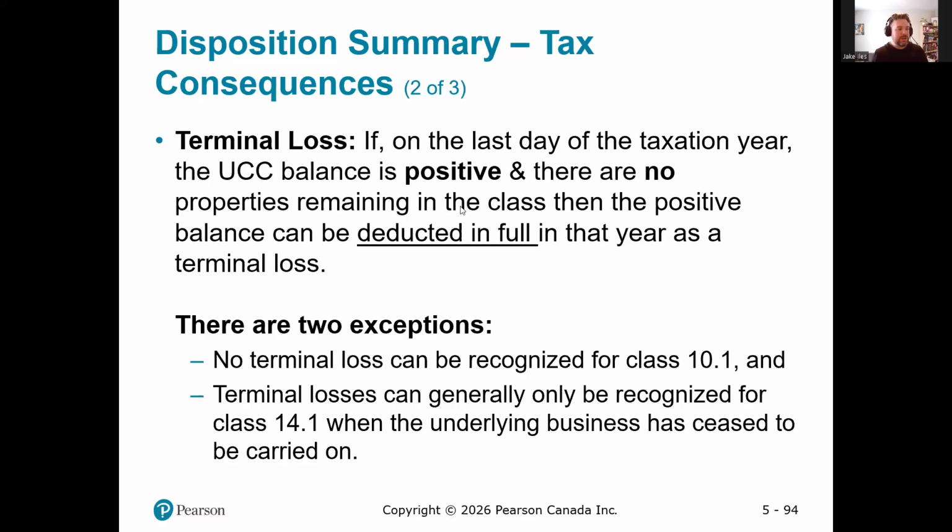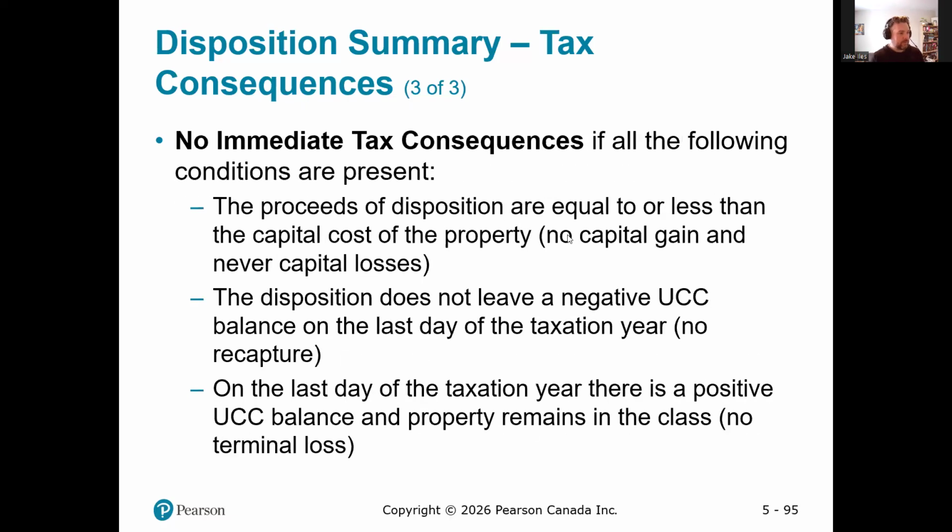So there are no properties remaining in the class, then the positive balance can be deducted in full as terminal loss. There's two exceptions. There's no terminal loss recognized for 10.1, and terminal losses can only be recognized for 14.1 when the underlying business has ceased to be carrying on. Either we closed up the business or we sold the business off to another person.